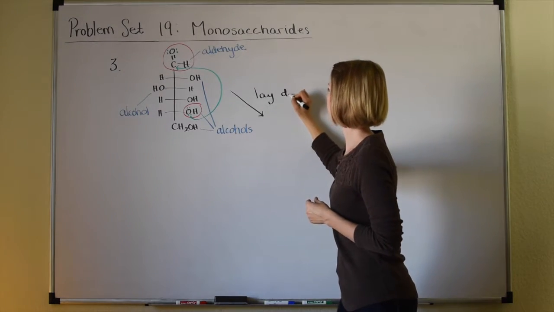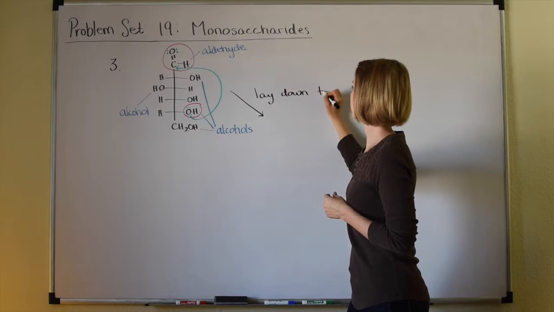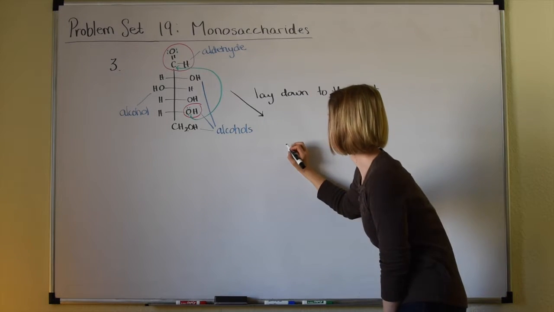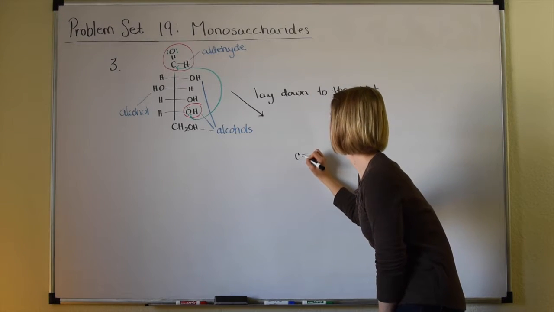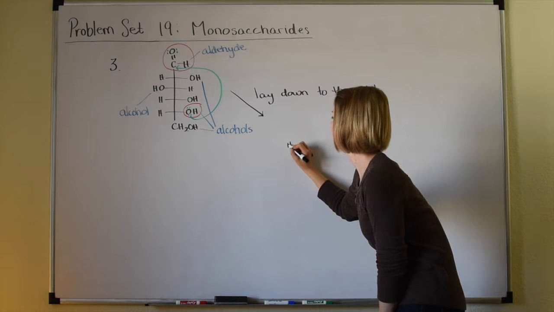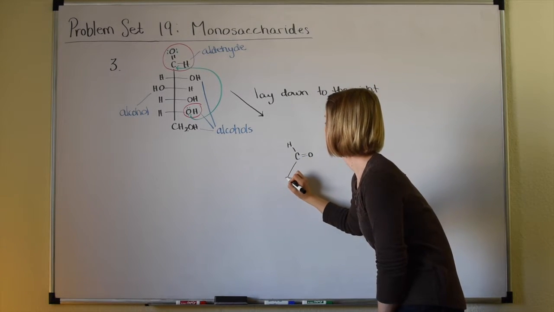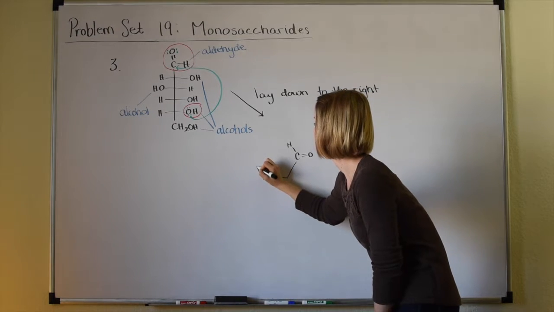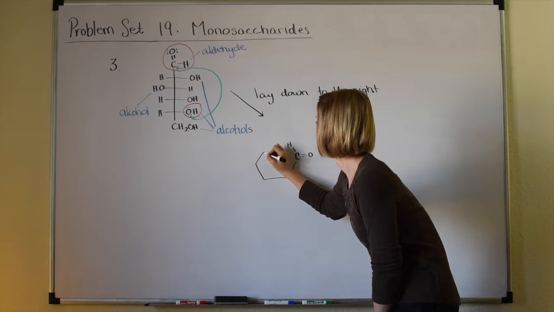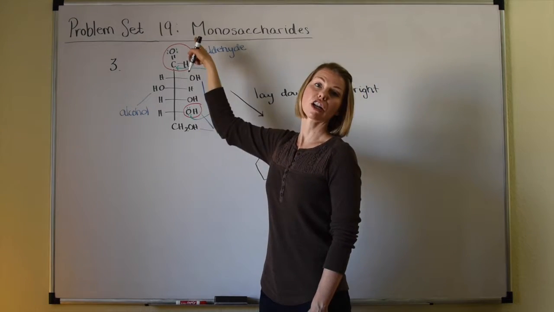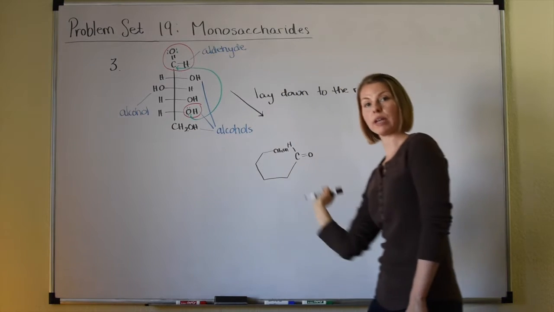Lay down to the right. Okay, so what we get here is our aldehyde functional group, and then our carbon 2, 3, 4, 5, and 6 is the CH2OH.